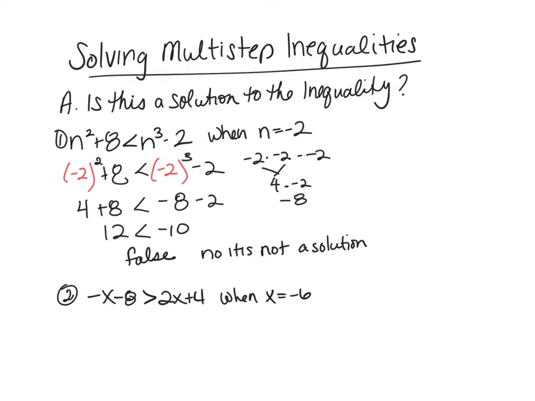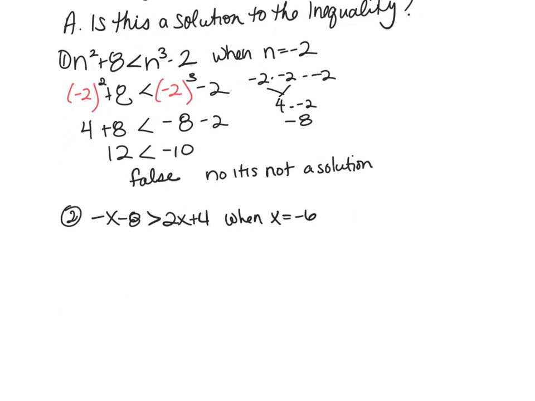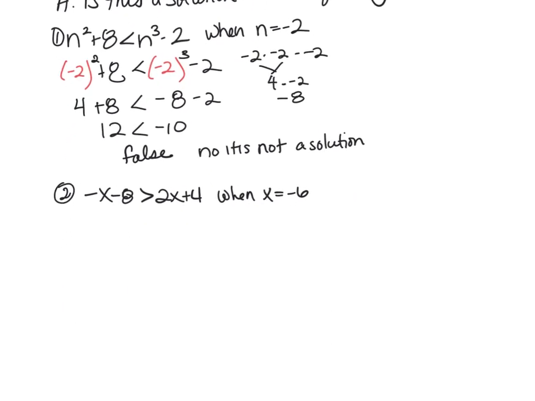Is it a solution? Our second example, negative x minus 8 is greater than 2x plus 4 when x is negative 6. So when it says negative x, that means negative negative 6 minus 8 greater than 2 times negative 6 plus 4.